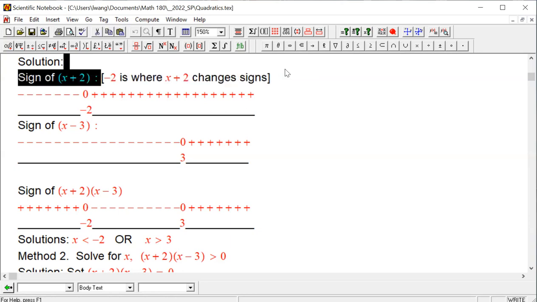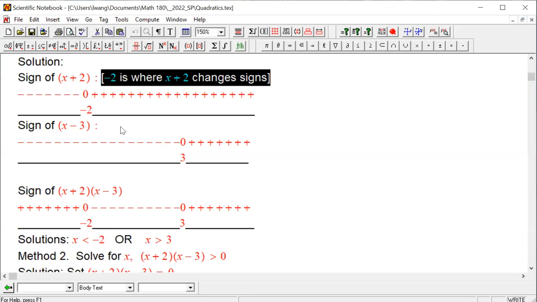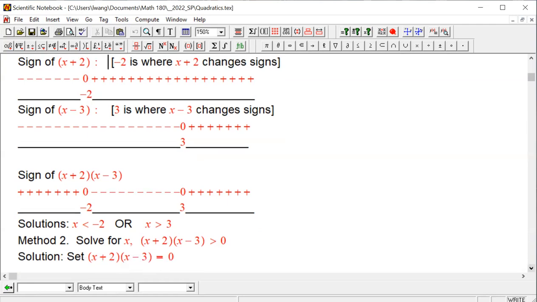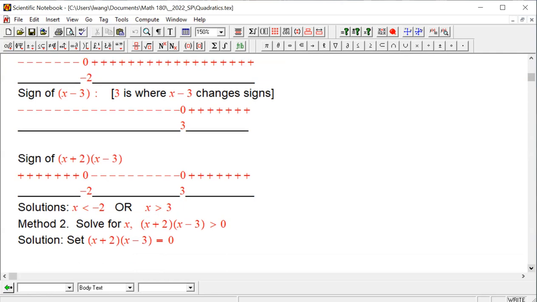The same is to be said about this step. So 3 is where x minus 3 changes sign. So this step is to identify that. You don't have to write down this statement in the bracket, but you really need to understand. If you write it down, it doesn't do any harm. Make sure you write it down properly.